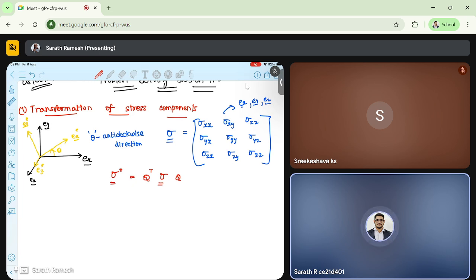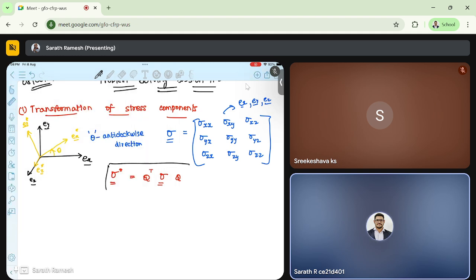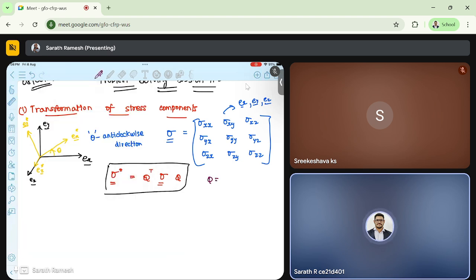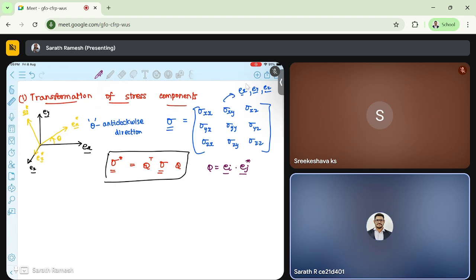Q transpose Q is equal to I. So this is the final thing that we need to solve the problem. Here Q is equal to Ei dot Ej star. Ej star is the rotated basis, the unstarred is the original basis.